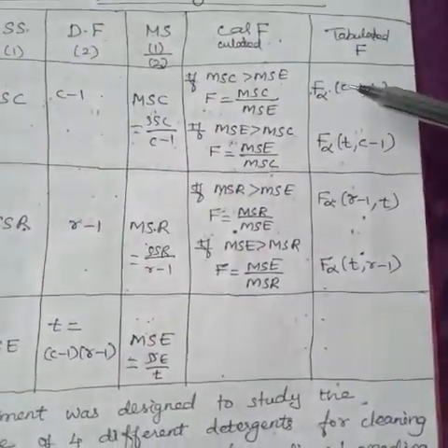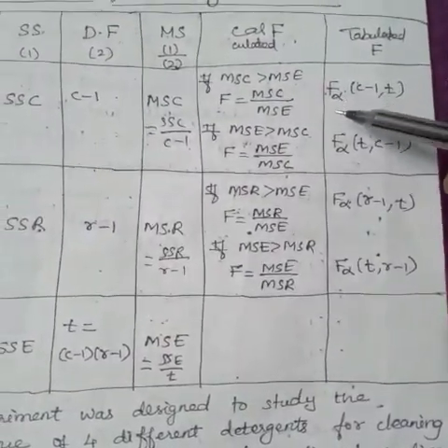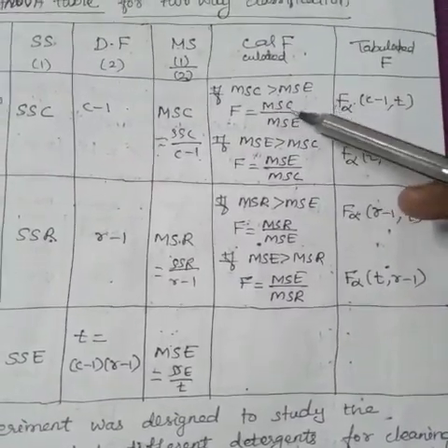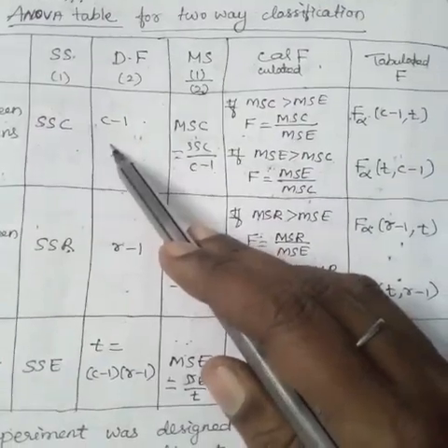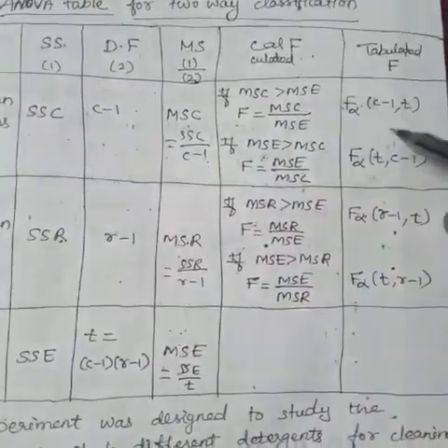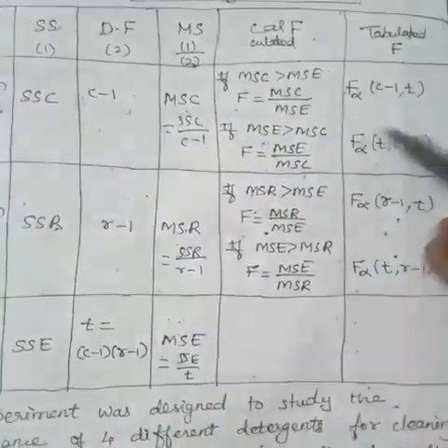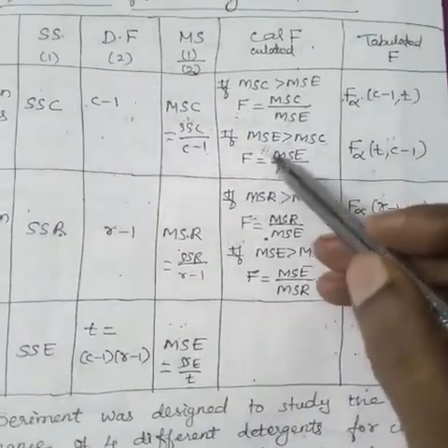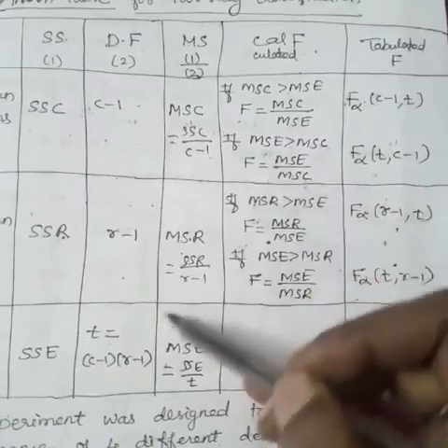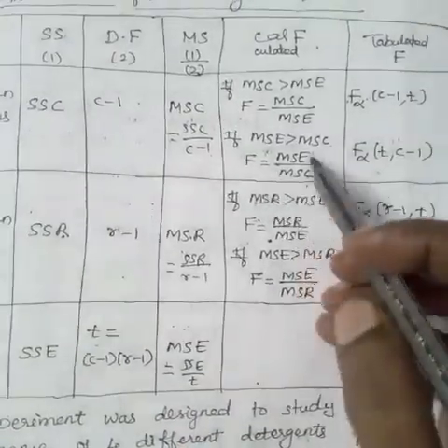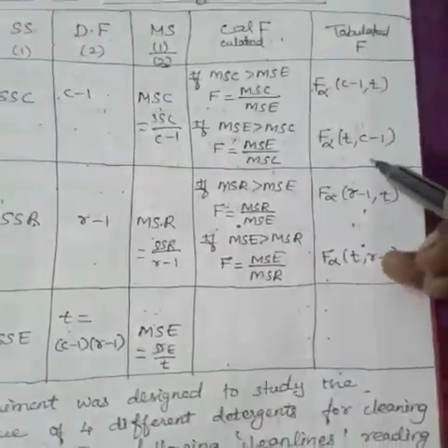The next, table value, tabulated F, F alpha. Here MSC is the greatest one, so the degrees of freedom are first C minus 1, comma, error degrees of freedom T. The next, here MSE is greater than MSC, so MSE degrees of freedom T, comma, MSC degrees of freedom C minus 1.